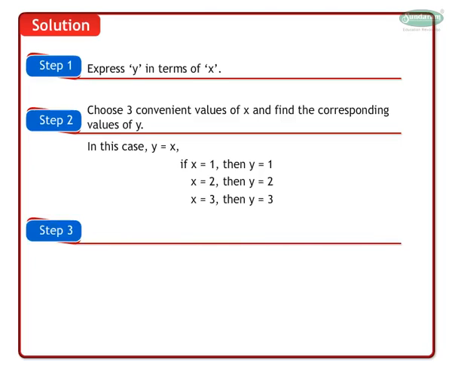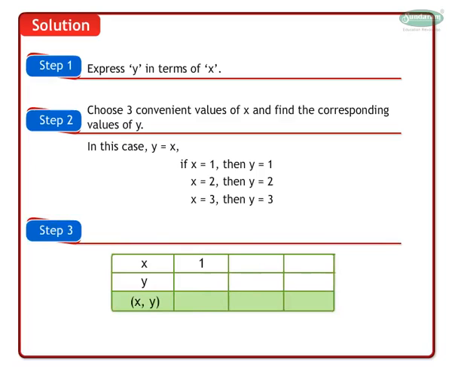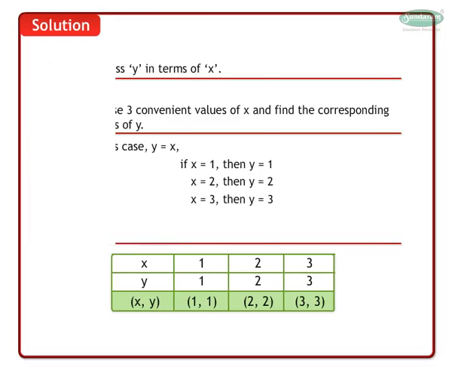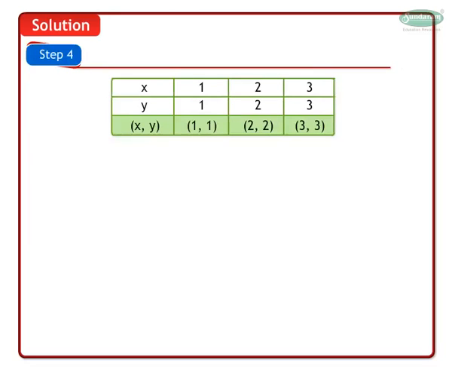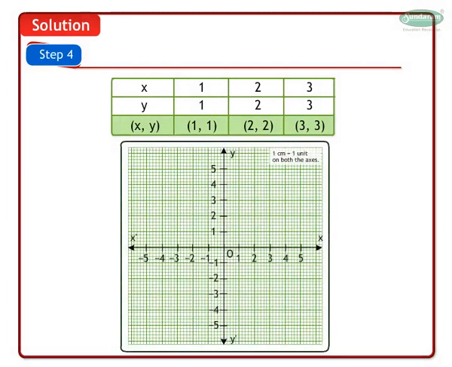Step 3. We then write the values of x and y in the form of a table as shown. Write the ordered pair x, y in the last row. Step 4. Plot the ordered pairs x, y from the table on a graph paper. Point 1, 1 will be at a distance of 1 unit to the right of origin and 1 unit above origin.